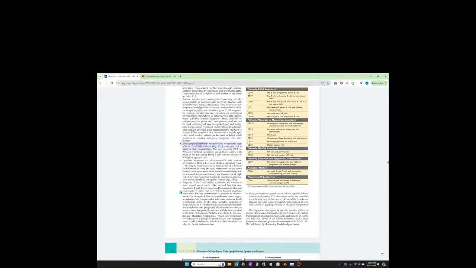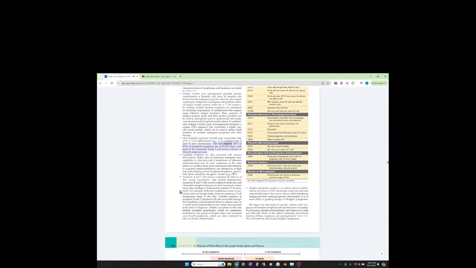Most lymphoid neoplasms resemble some recognizable stage of B or T cell differentiation, a feature that is used in their classification. The vast majority of lymphoid neoplasms are of B cell origin, with most of the remainder being T cell tumors. Tumors of NK cell origin are rare. Lymphoid neoplasms are often associated with immune abnormalities.